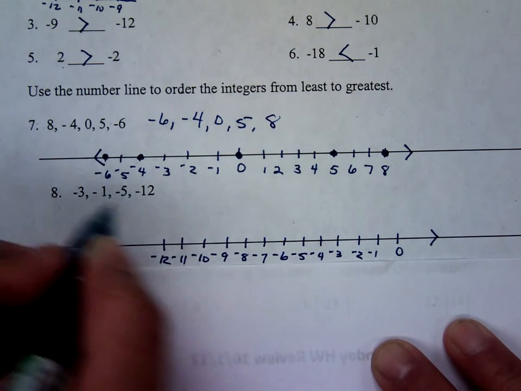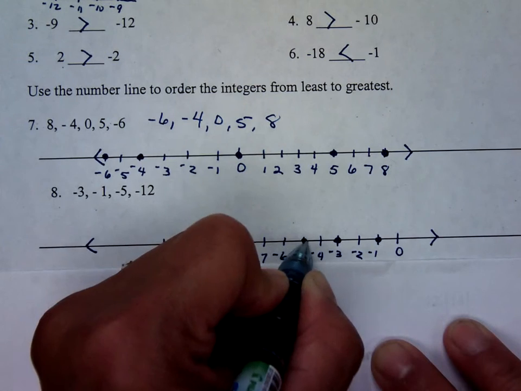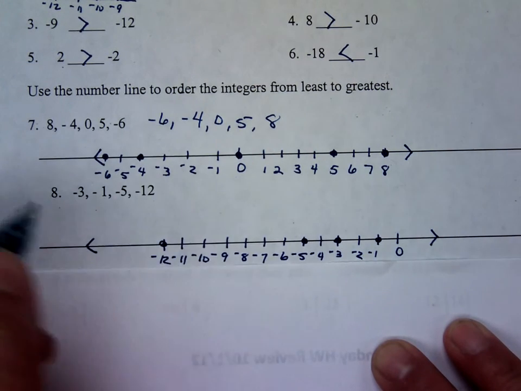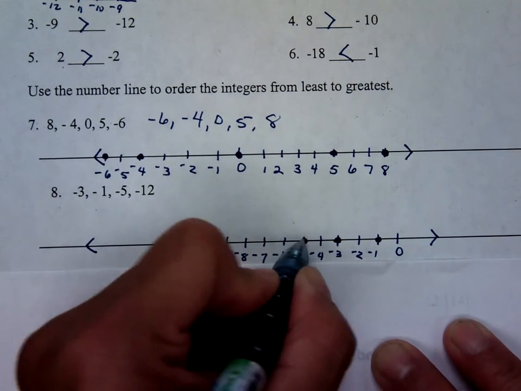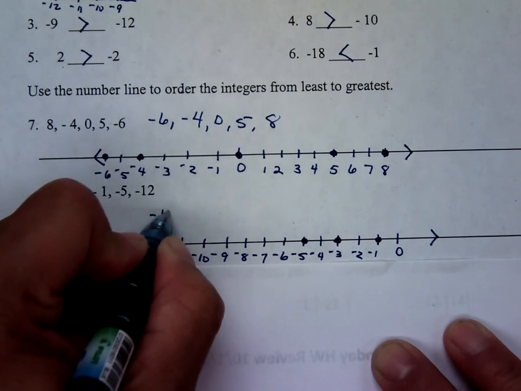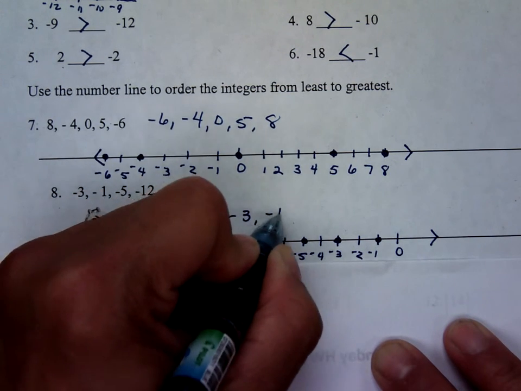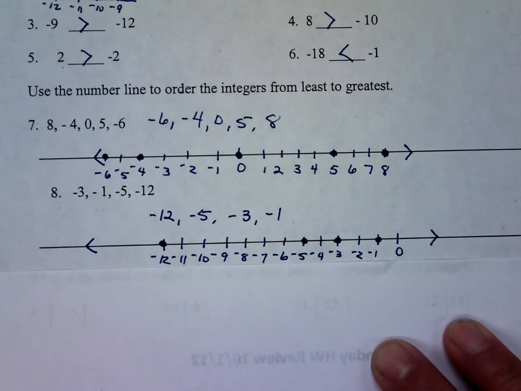Okay, so you have negative 3, negative 1, negative 5, and negative 12. Once you have placed them on your number line, you read left to right. So now the order is negative 12, negative 5, negative 3, and negative 1. That is least to greatest.